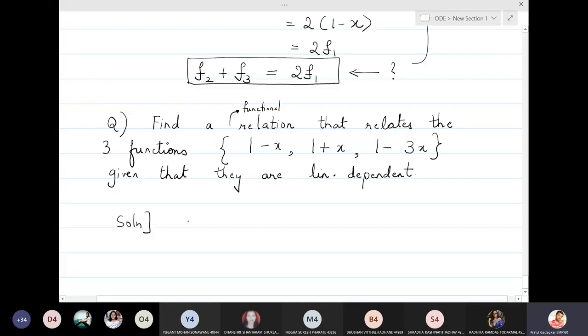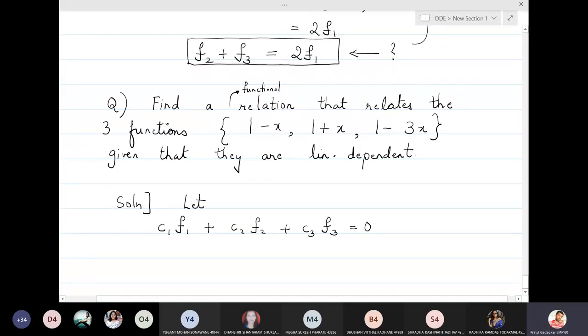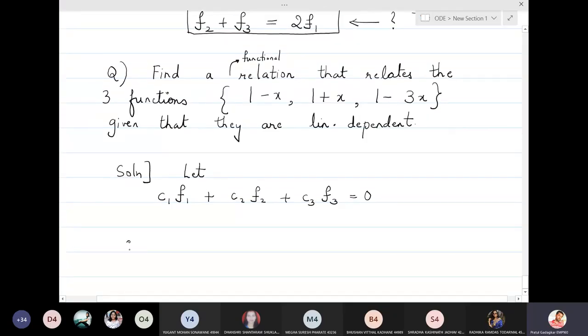So I'll say let C1 F1 plus C2 F2 plus C3 F3 equal to 0, which is our original definition of linear independence. So C1 times (1 minus x) plus C2 times (1 plus x) plus C3 times (1 minus 3x) is equal to 0.